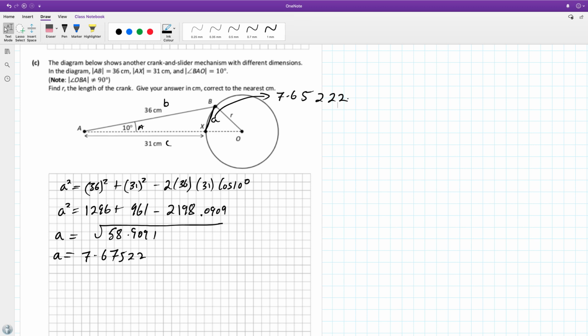So, off we go and get the angle x. How are we going to get the angle x? Sine rule. We're going to use this degree and this side, and we're looking for this degree.